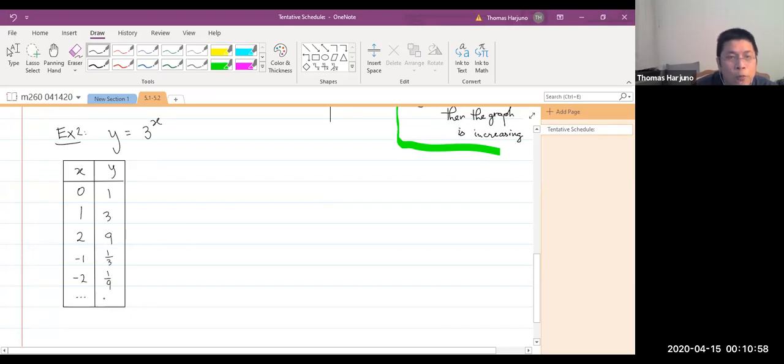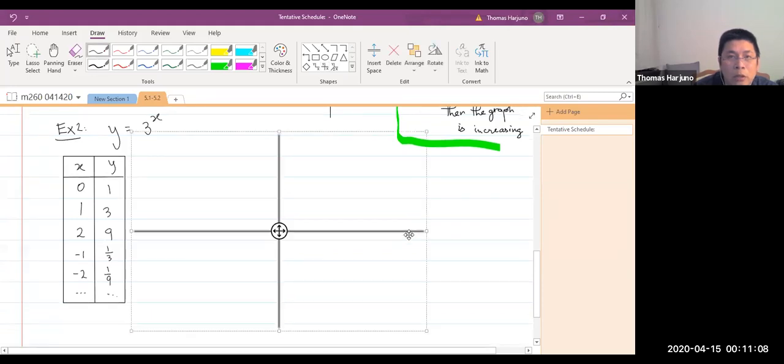Yes. You can put more if you like. And then the graph will be, I actually don't need such a big one. Anyway, 0, 1, approximately here, 1, 3, approximately here, 2, 9 is very far up there, -1, 1/3. So the graph is approximately like this.